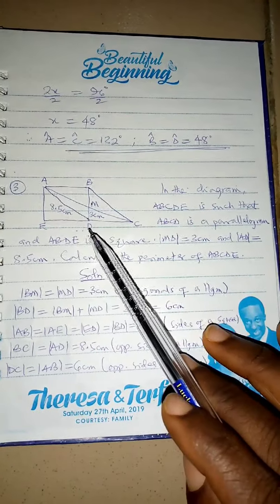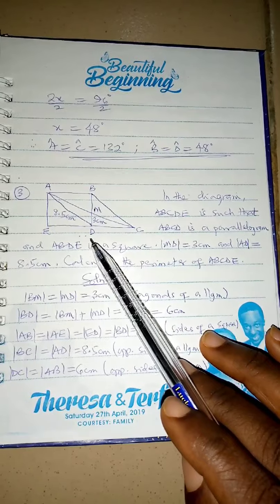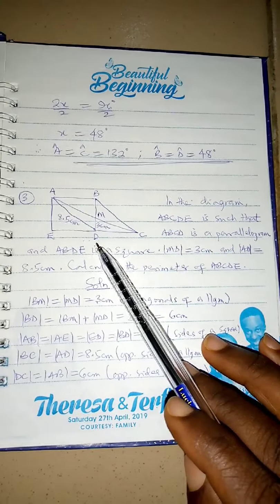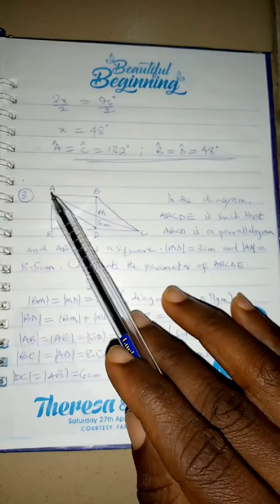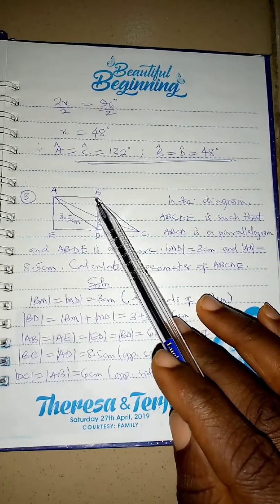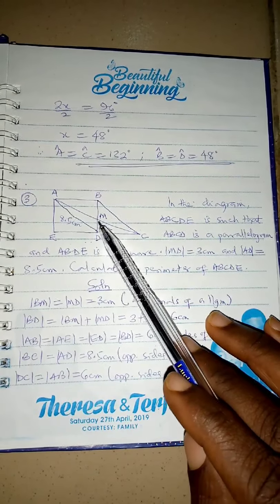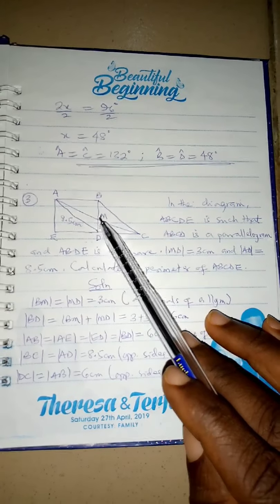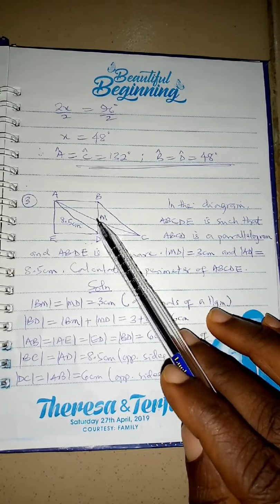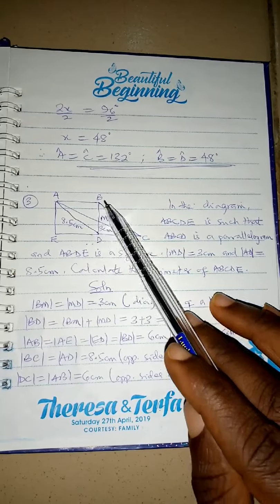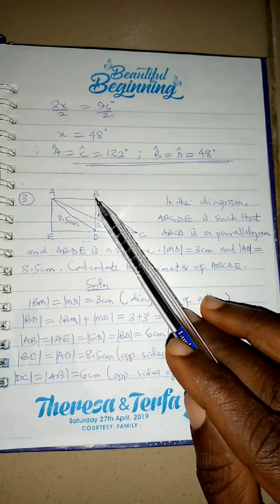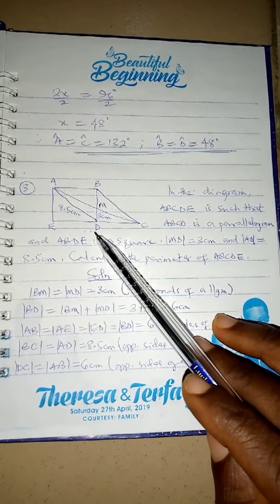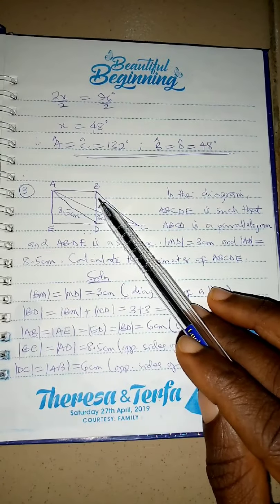Now, when you check the properties of a parallelogram, one of them is that the diagonals bisect each other. So diagonal AC will bisect diagonal BD. Therefore, this 3 cm will be equal to 3 cm here, which is BM. BM is 3 cm. Now, if BM is 3 cm, BD as a whole will be 3 plus 3, which is 6 cm.